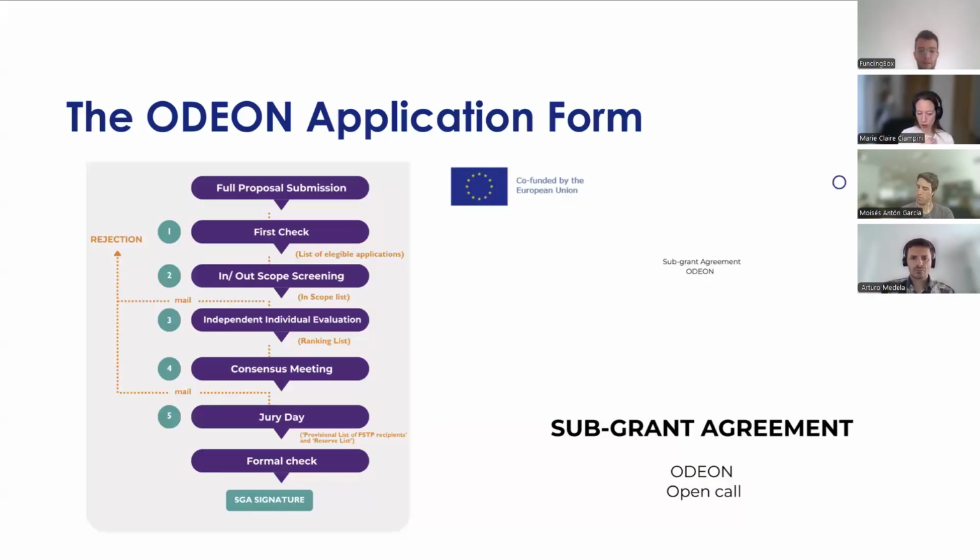And once that is closed, if all goes well, these 20 projects will sign the subgrant agreement, which is the contract between the projects that are being selected and the consortium.